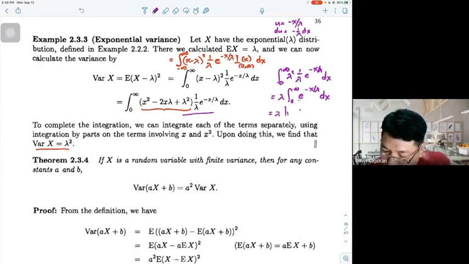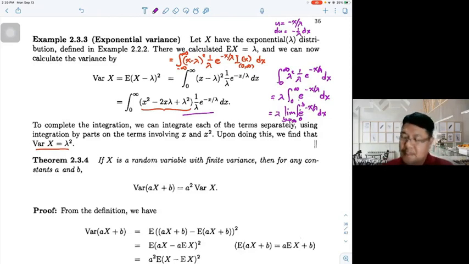We have the limit of e to the negative x over lambda dx, then b approaches positive infinity, from 0 to b. And then doon mo lang i-substitute yung expression natin kanina. Okay, so that's only for the third term.